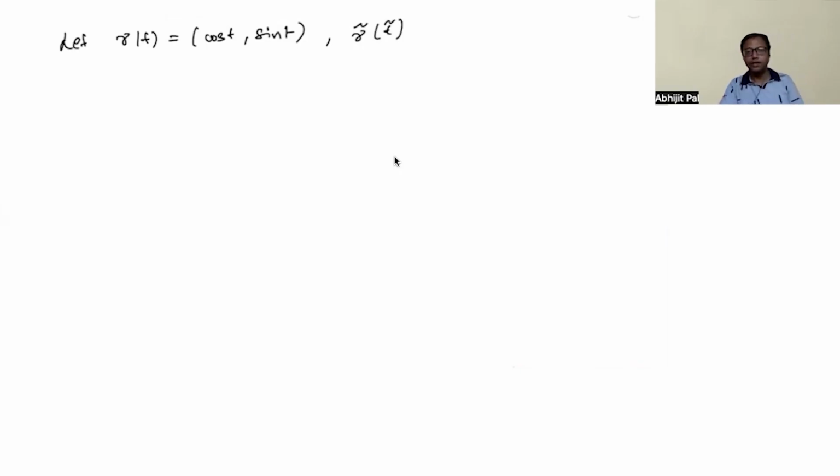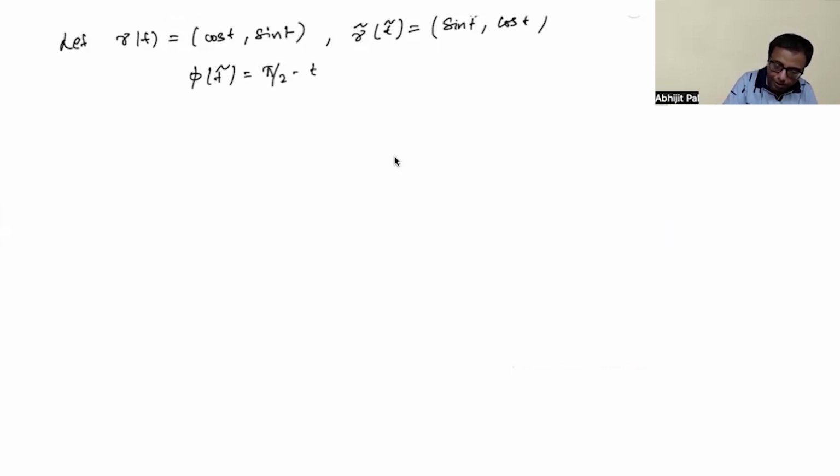If I take phi of t tilde equal to pi by 2 minus t tilde, then gamma of phi of t tilde is equal to gamma tilde of t tilde. So that is very easy to check.